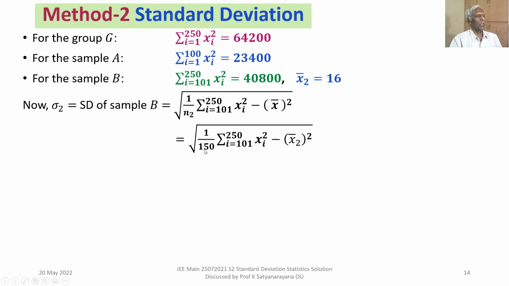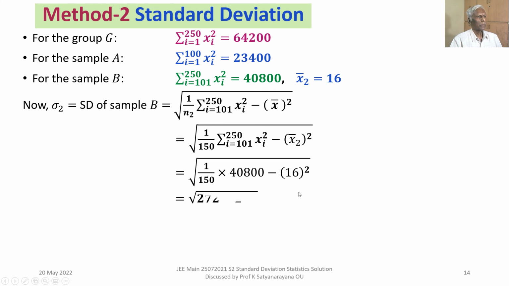And 1 by 150, this is known, everything is known. So this is under the square root of 1 by 150 into summation i equals 101 to 250 xi square, which is 40,800, minus 16 square, and that is under the square root of 272 minus 256 simplified, which is equal to under the square root of 16, that is equal to 4.